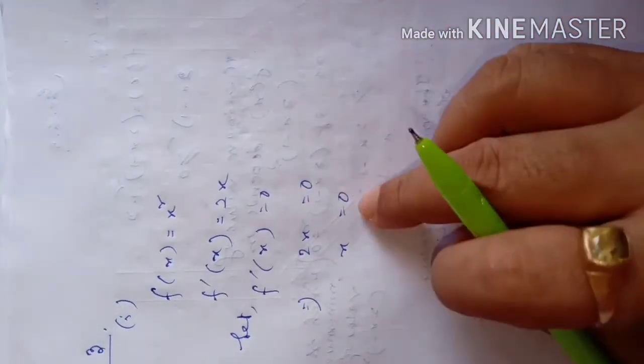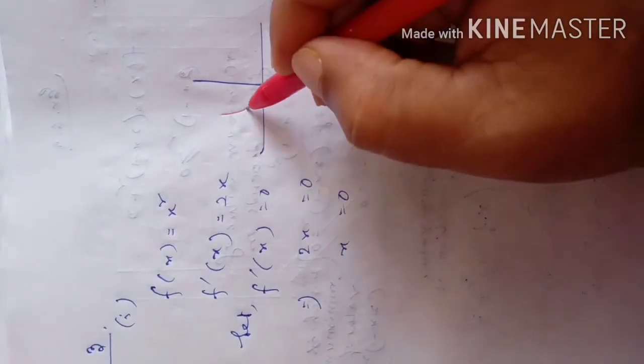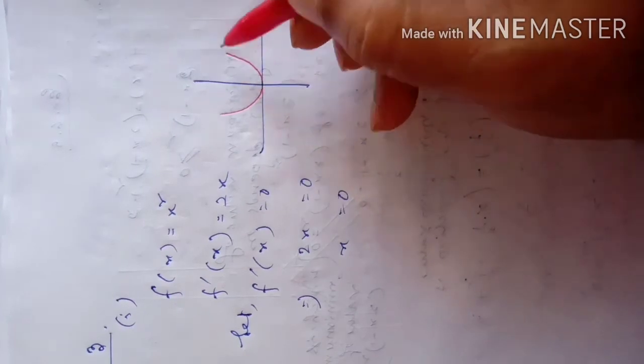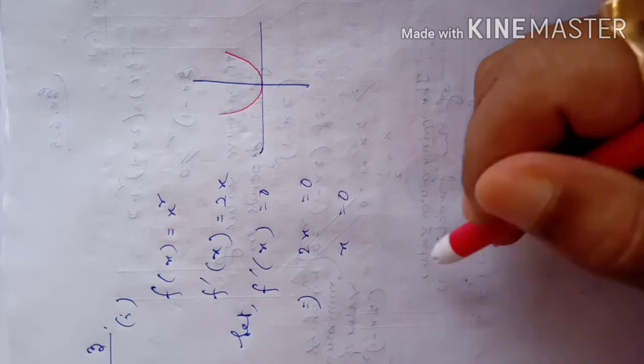As you know, this graph is a parabola passing through 0. So this can be the point of local maxima or local minima. Now let us find out which it is.